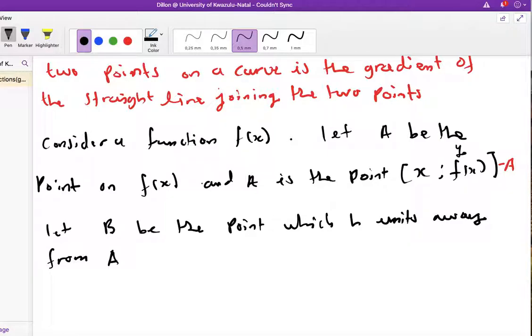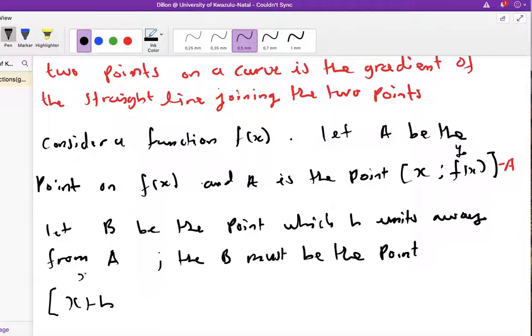So if b is h units away from a, and a is this point here, x and f of x, then b must be the point x plus h in x value.